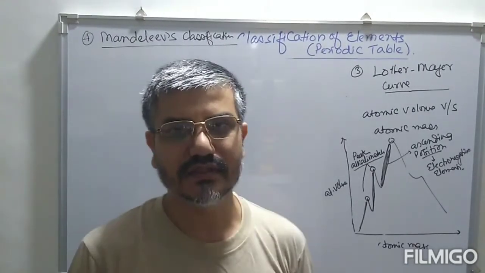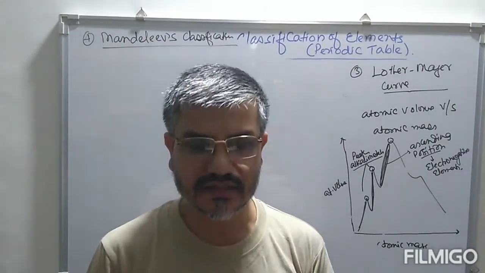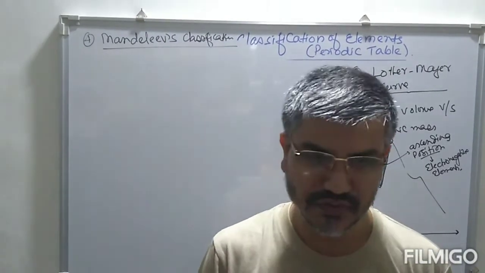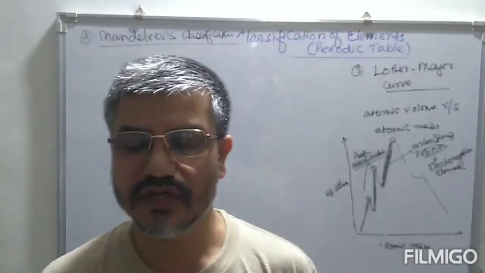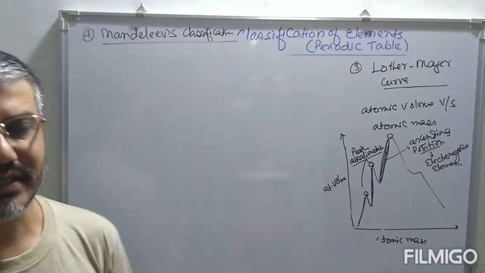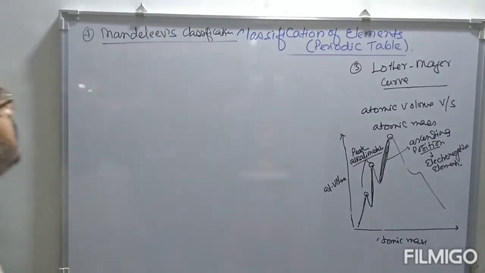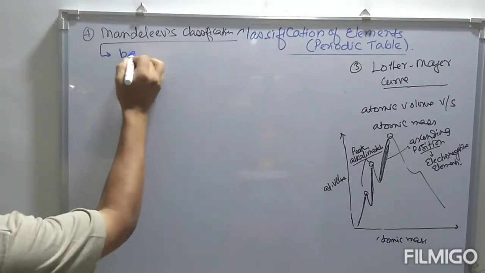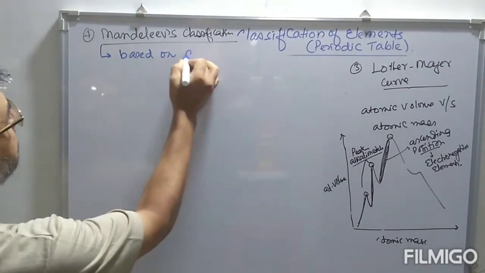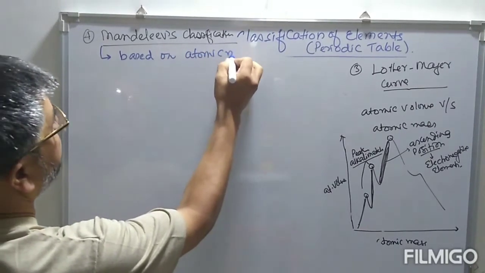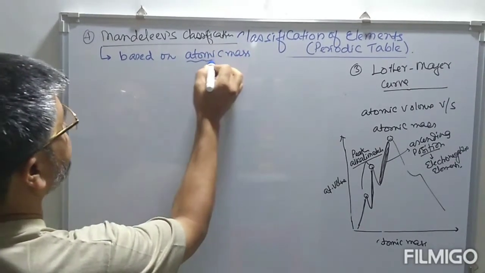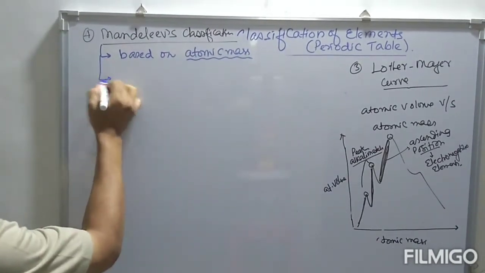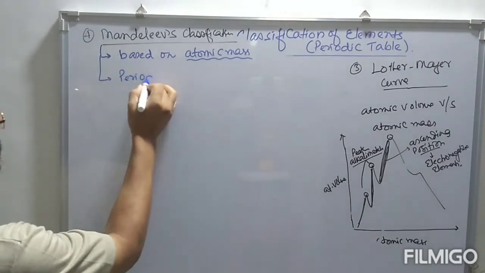So he found that the classification of elements into certain periods or certain groups should be based on atomic mass. So based on this, he gave a periodic law. This classification is based on atomic mass.